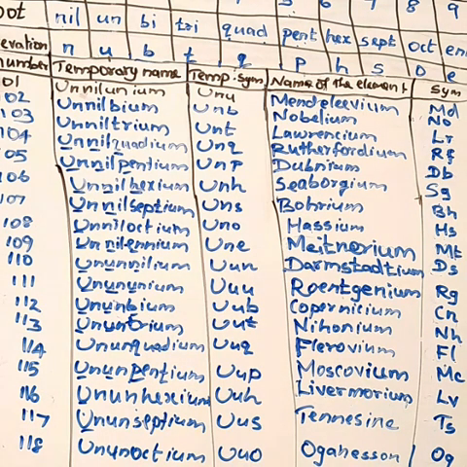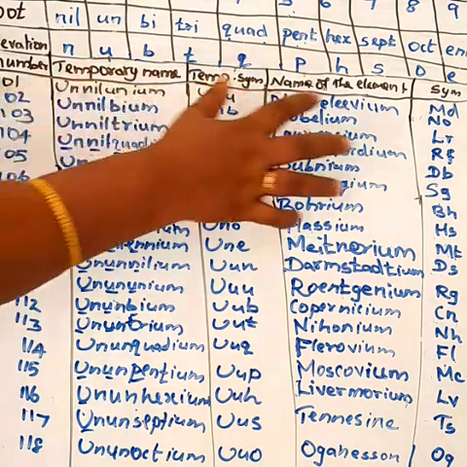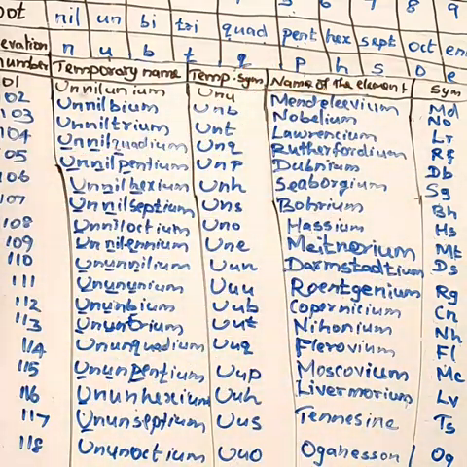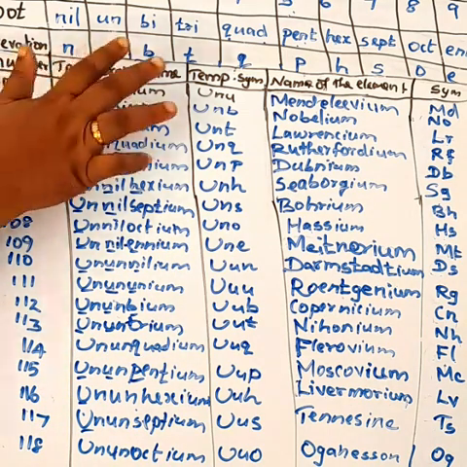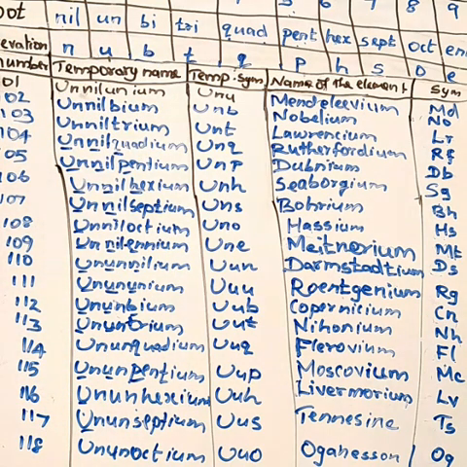Okay, students. Today, your homework: you must learn the element names for atomic numbers 101 to 108 and their symbols. Okay, not the temporary name. You should write the original name for those elements.